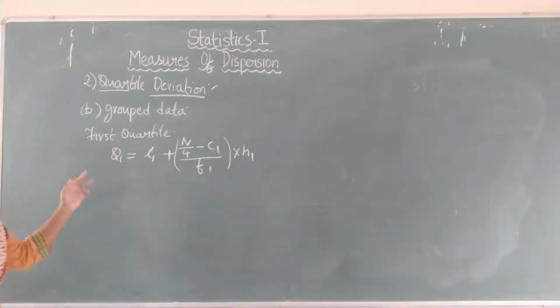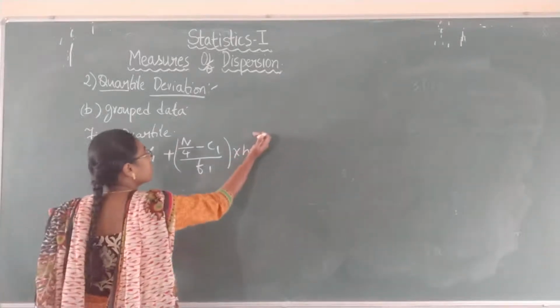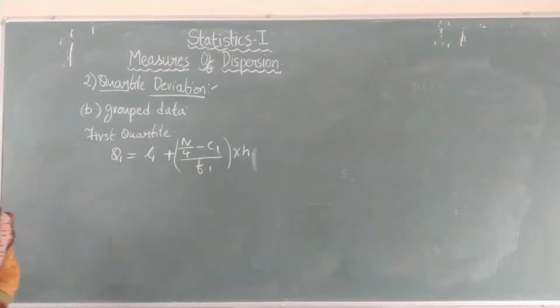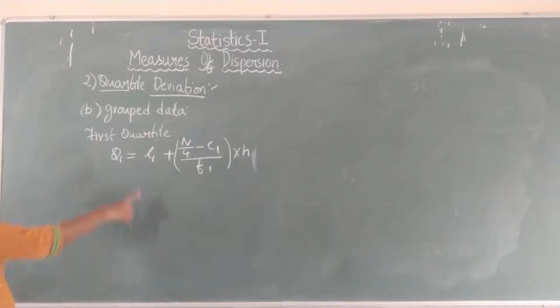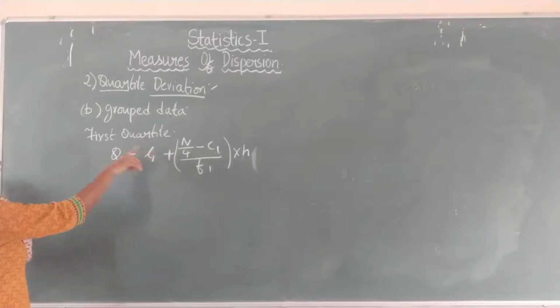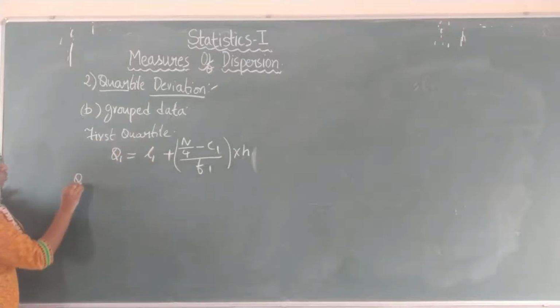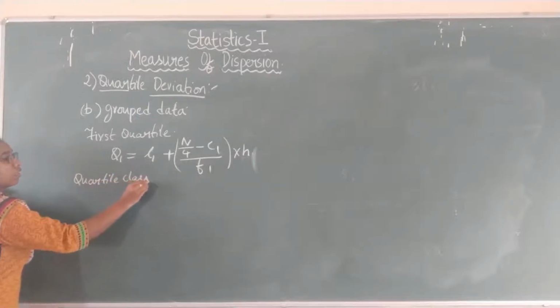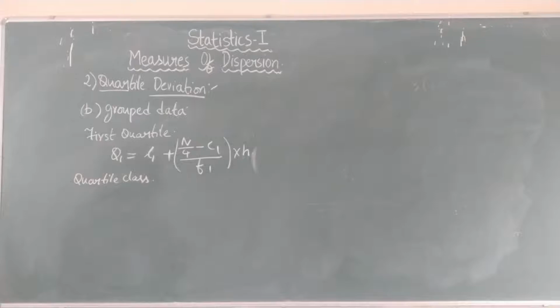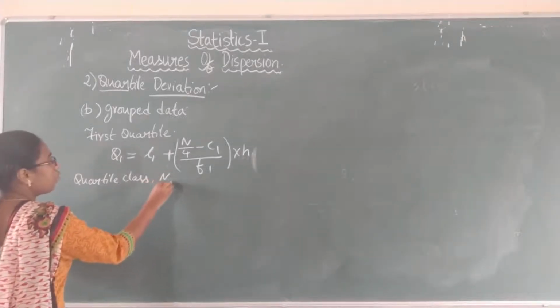So what is the description of this formula? In H itself, the class interval will be the same for all the classes. Now what is L1? For this also, first we have to find the quartile class. How to find the quartile class? For finding the quartile class, first we need to calculate the N by 4 value.